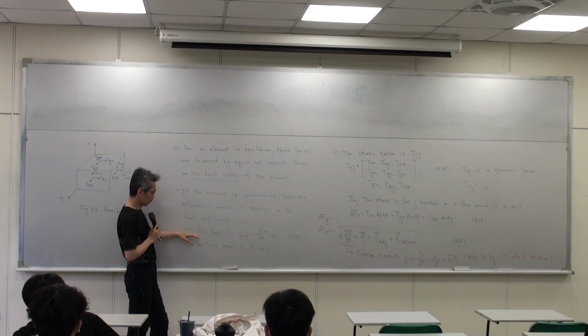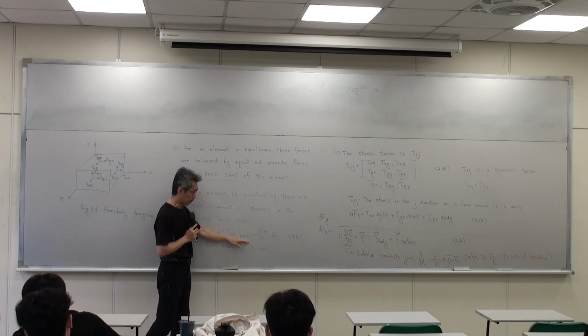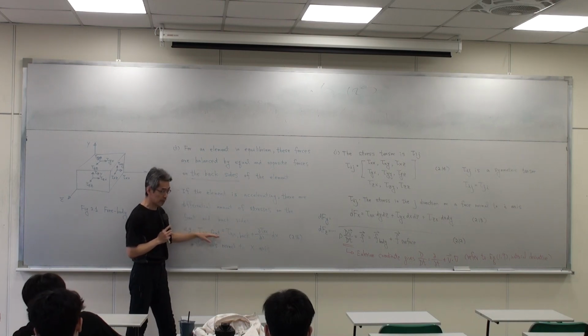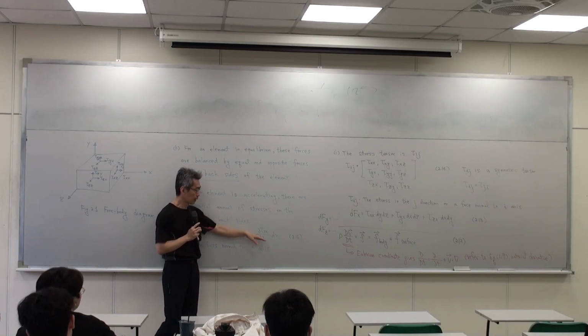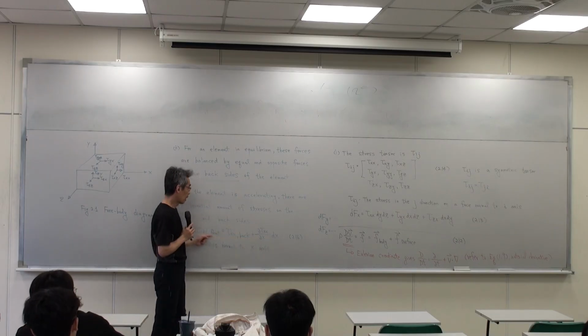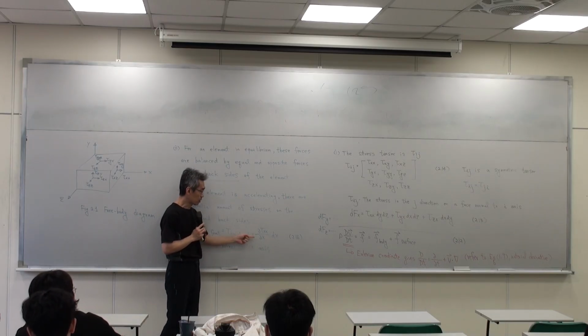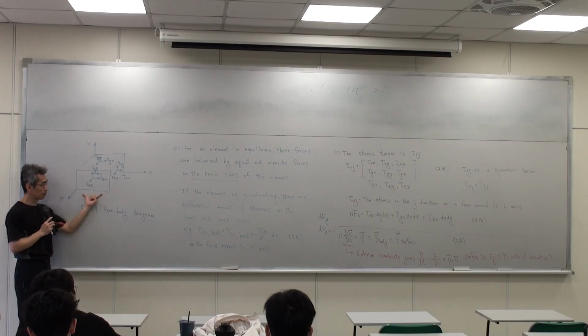For example, the normal stress on the front side and the back side may differ. And the difference is described by calculus, by the differential form. This x direction difference is due to the distance dx.